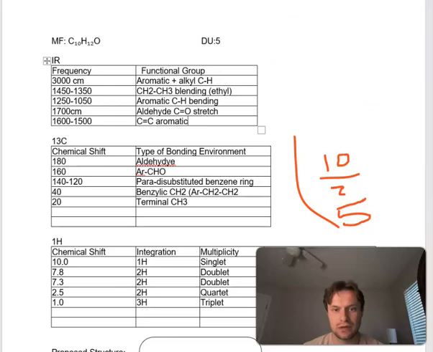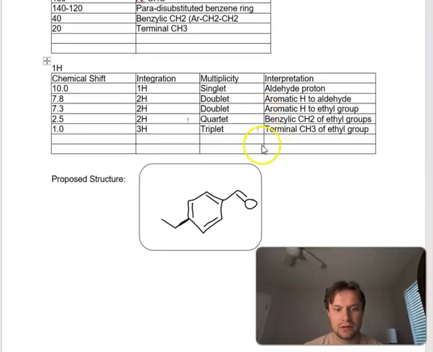Now, scrolling on down past the charting to the final product that we came up with. Going down here, we have the exact structure that was shown by those spectrums. We have our ethyl group on the left side here. We know we had a benzene ring because there were some double bonded carbons as well as some single.